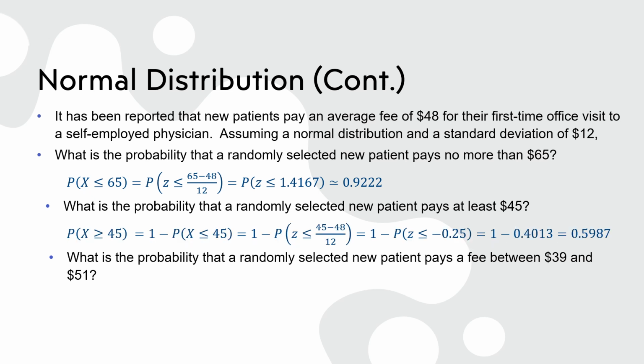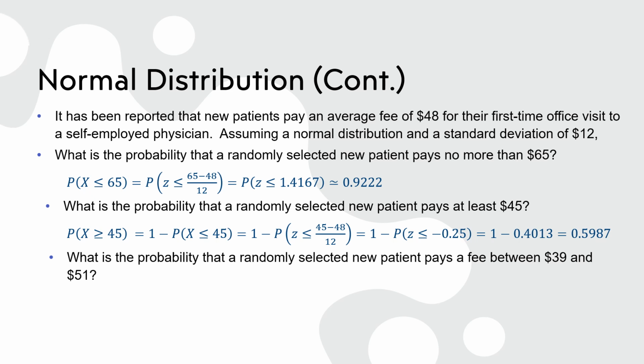Again, we calculate the z-score, this time for $45. Subtracting the mean, $48, from 45 and dividing by the standard deviation, $12, gives a z-score of -0.25. Using the z-score table or software, we find the probability corresponding to -0.25, which is about 0.4013.